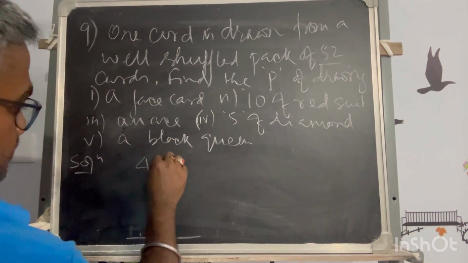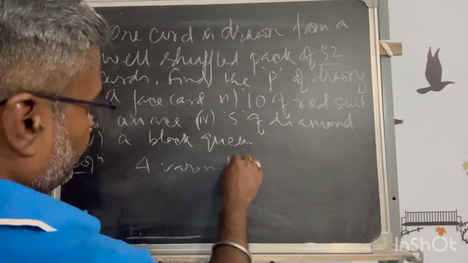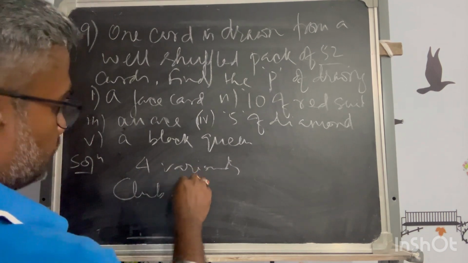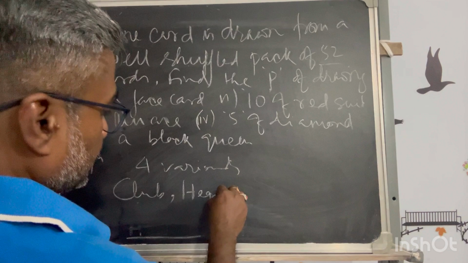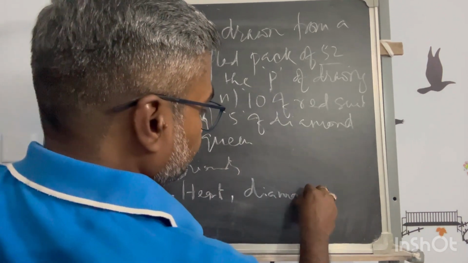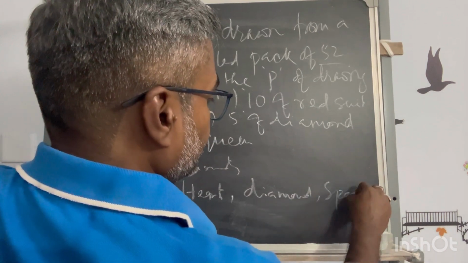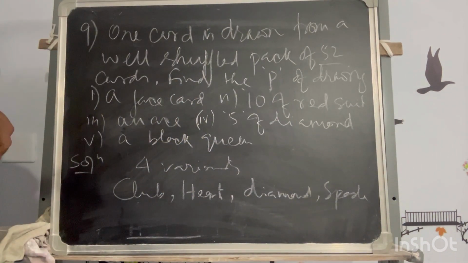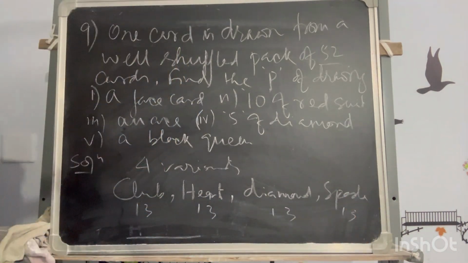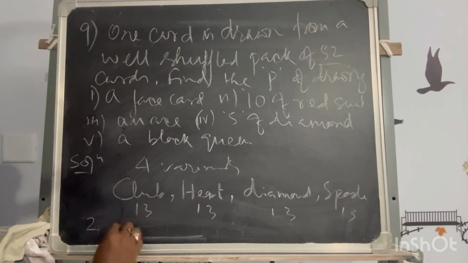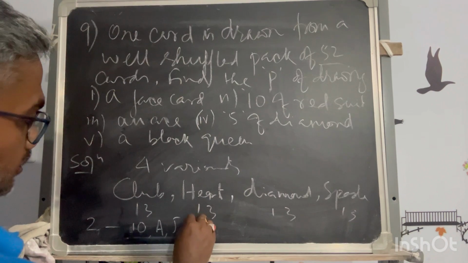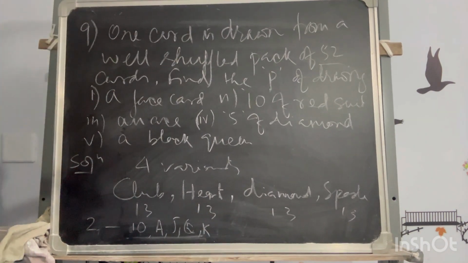There are 4 variants: first one is club, second is heart, third is diamond, and fourth is spade. In each variety there are 13 cards, and their denominations are all similar, starting from 2 to 10, then ace, then jack, queen and king.